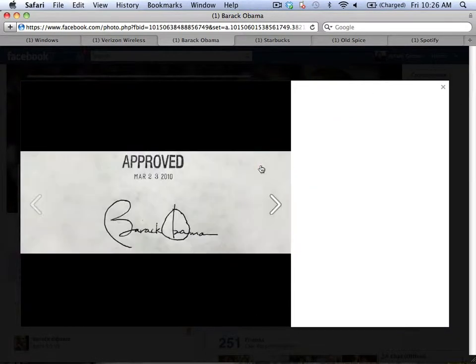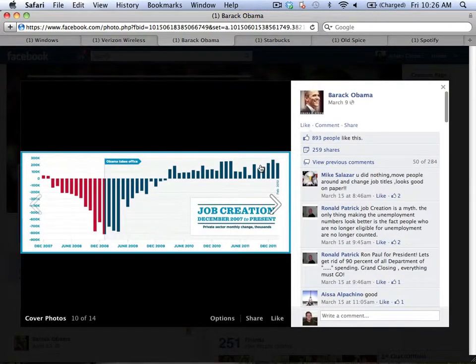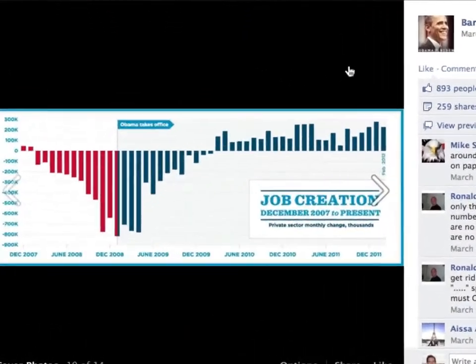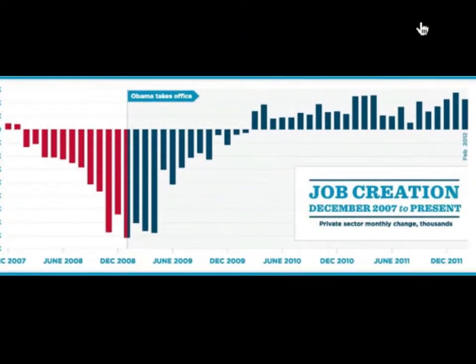They change this all the time, obviously, but this was a cover photo for a long time. So what they used is that you have the profile photo, which was Obama's face, a very recognizable global icon, right? But the cover photo was this very clear data narrative about job creation.